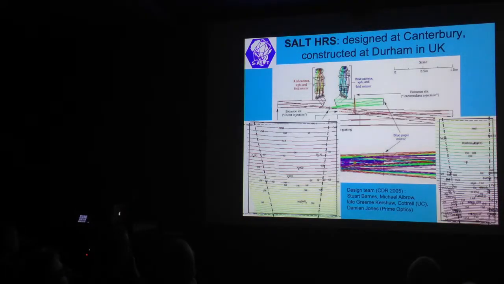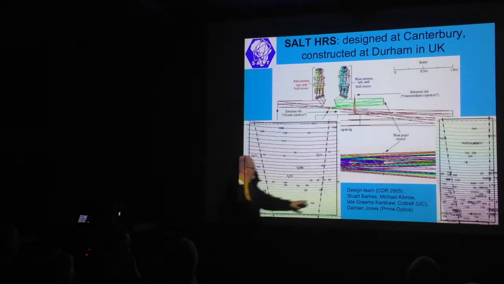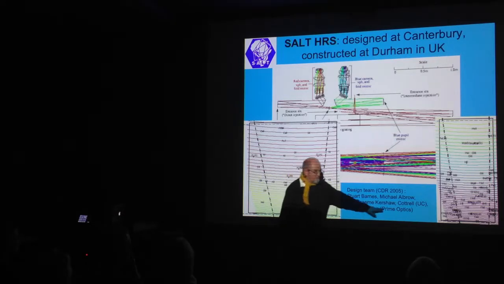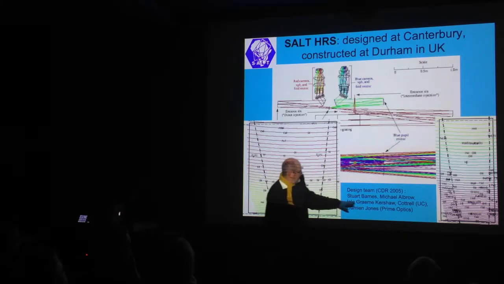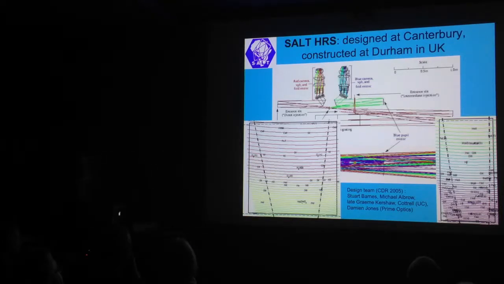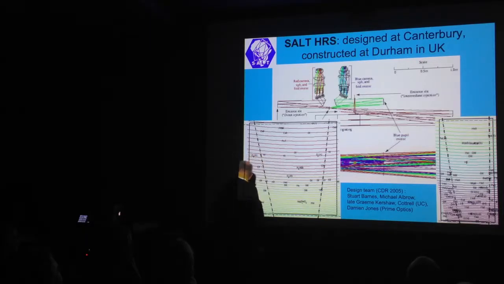And this was the spectrograph that the team at Canterbury designed. Stuart did a lot of the optical design with Michael and with Damien Jones from Prime Optics in Australia, and Graham did all the mechanical design for it. So this was a two-beam spectrograph. It had a red and a blue camera, which got all the spectrum.